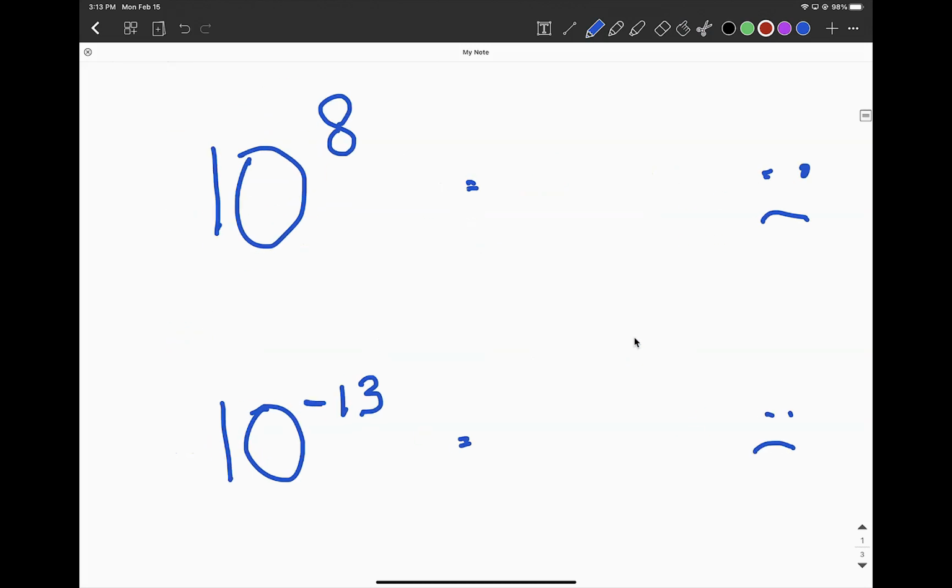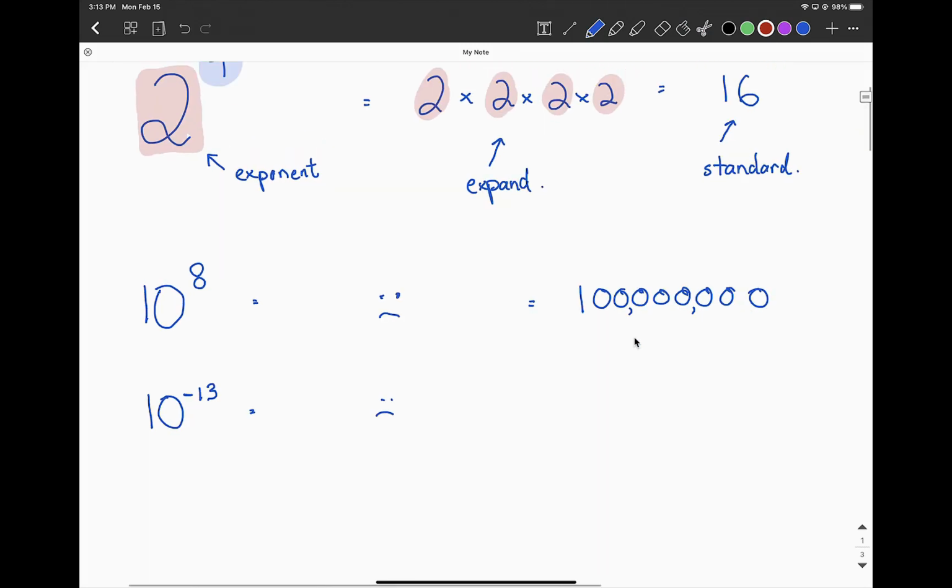What this negative means, partially, is that I'm moving the decimal place to make the number smaller. It's like a division by 10. And if I was to write this out, 1, 2, 3, 4, 5, 6, 7, 8, 9, 10, 11, 12, boom. That's what that number is representing, all packed in these exponents.